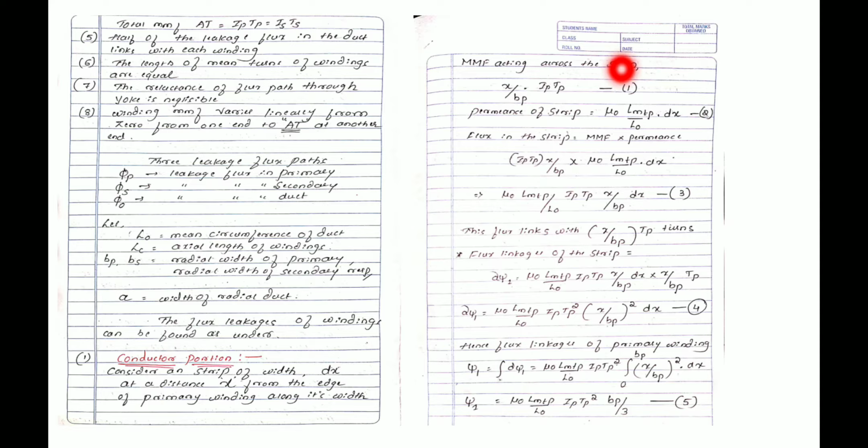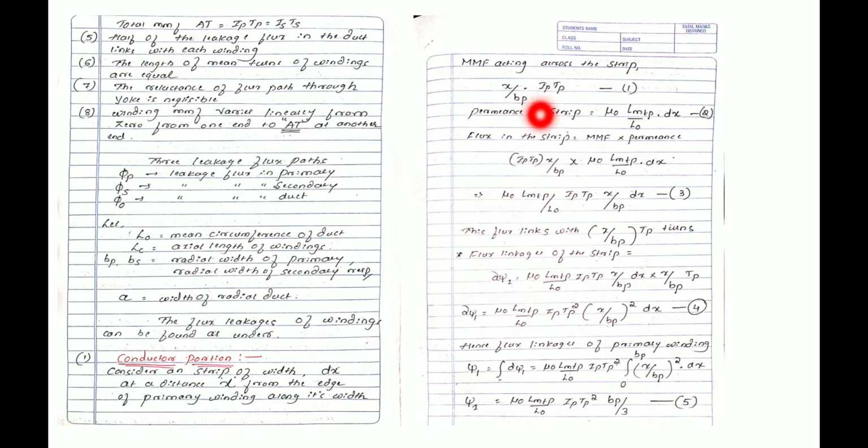So next, in order to calculate the leakage fluxes in the primary or conductor portion, the leakage flux first depends upon the magnetizing component, that is the magnetizing current, which depends upon the MMF. MMF is nothing but the ampere turns.